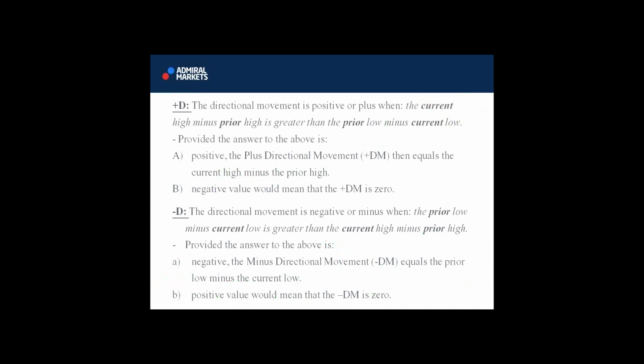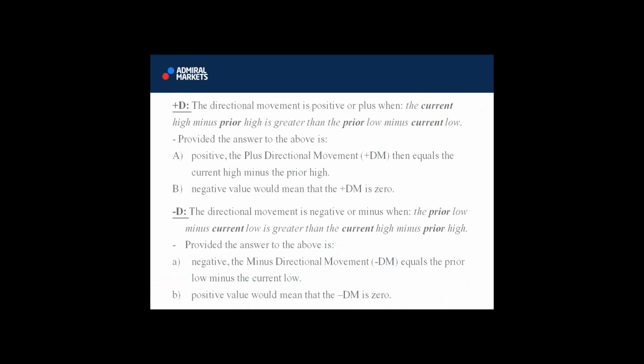Okay, so if the current high in the euro dollar is 135 and the previous high is 133, that's 200 pips. If the previous low is at 132 and the current low is at 133, that's 100 pips.